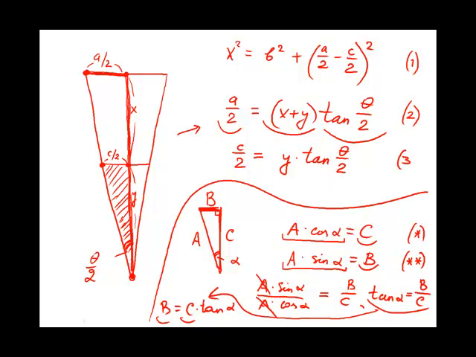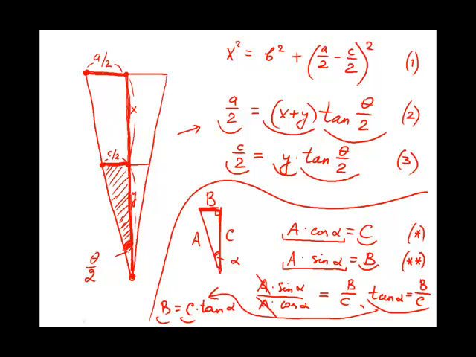This will be equation 3. Do you guys understand? So C over 2, one side, equals y, the other side, times tangent of the angle adjacent to that second side.